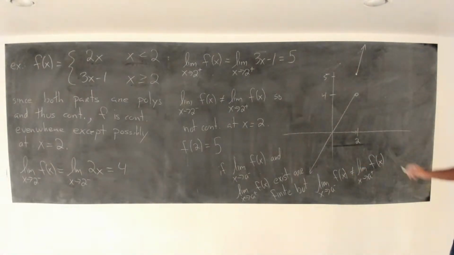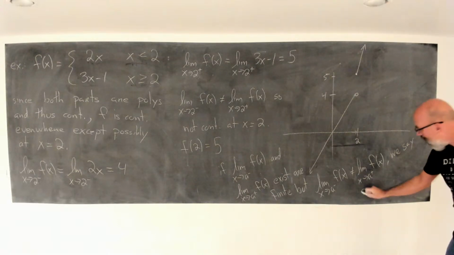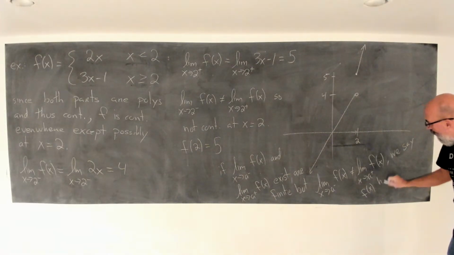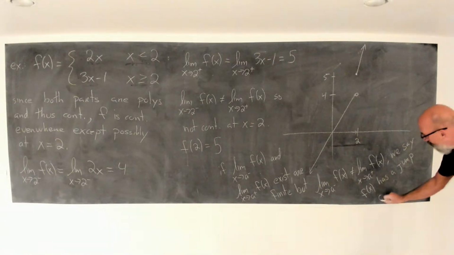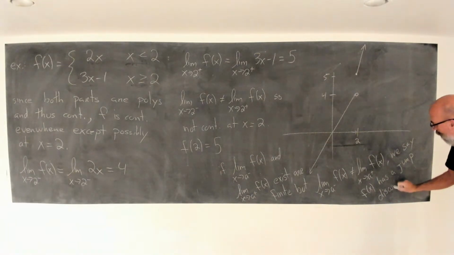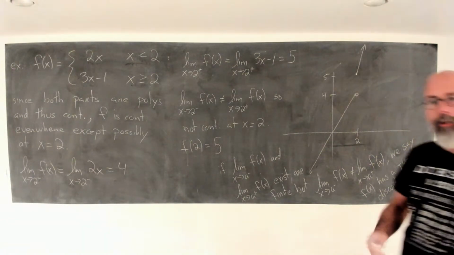So we call this, we say f has a jump discontinuity at x equals a. The function is not continuous there.